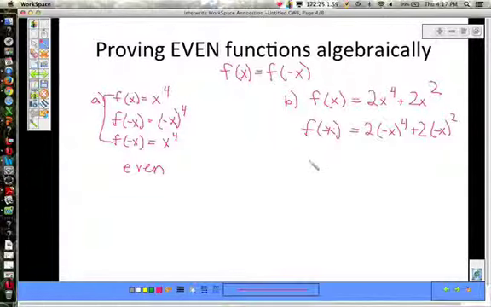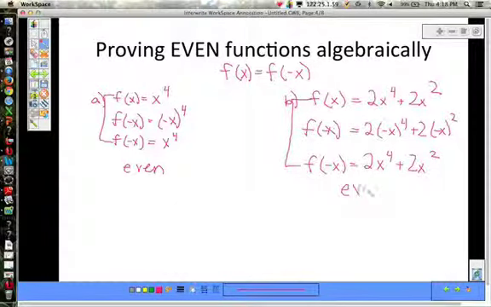So let's simplify. So f of negative x equals, again, this is to an even power, so that negative is the same as when it's a positive, plus 2, there's another even one, x squared. So when we look at those two, we get the same thing. So again, this one would be even.